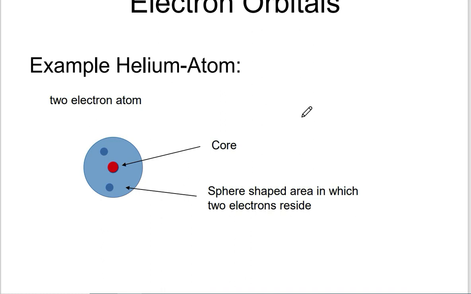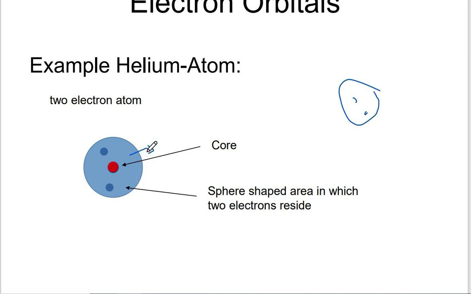Therefore, the two electrons of the helium are contained in the same s sphere, or the first orbital. Now, the s sphere is saturated with two electrons. So, for example, helium has already saturated its orbital.